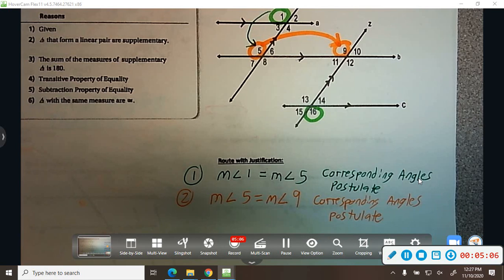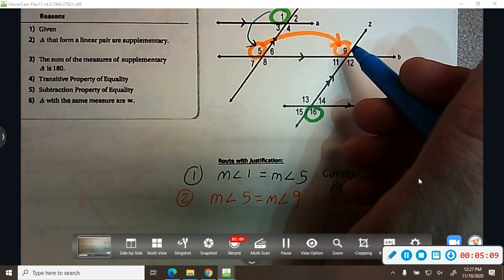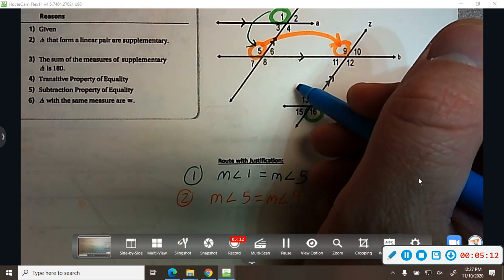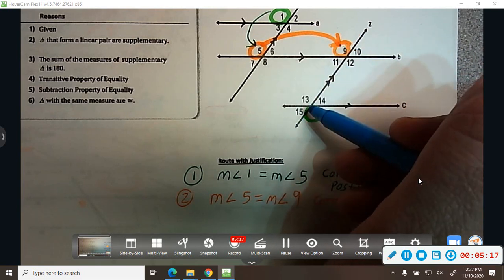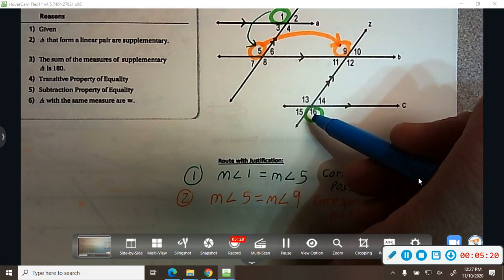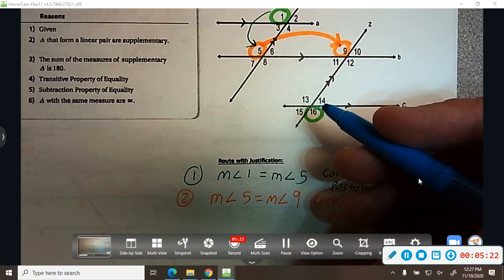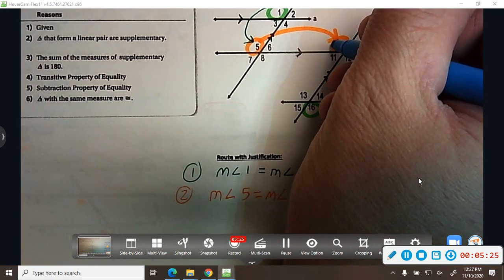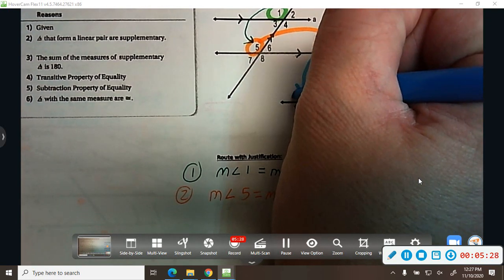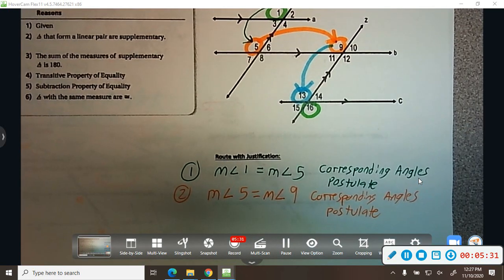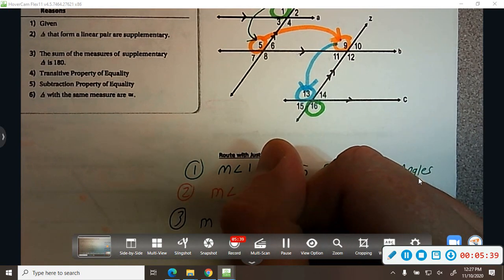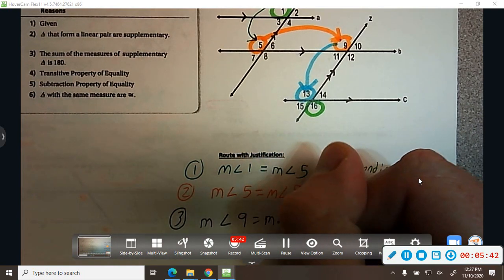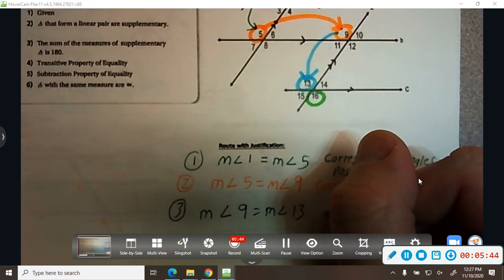From there, I could do one of two things. I could go 9 to 13 and say that those are corresponding, and then say those are vertical. Or I could do a big jump and go 9 to 16, because 9 and 16 are alternate exterior angles. Just to be consistent, and it's probably easier, I'm just going to go 9 to 13. So I say 9 and 13. Measure of angle 9 equals measure of angle 13 by the corresponding angles postulate.